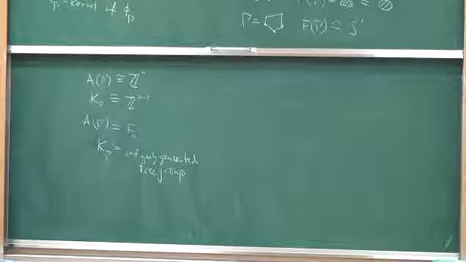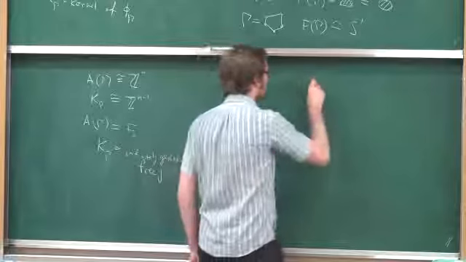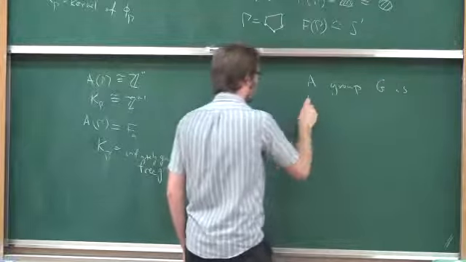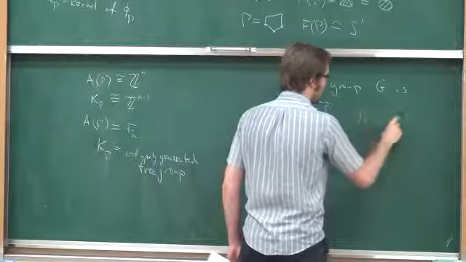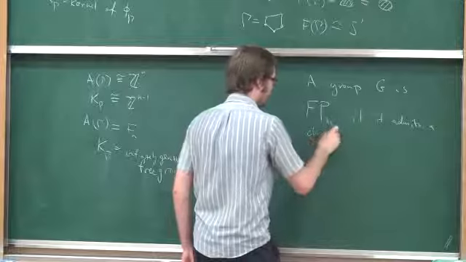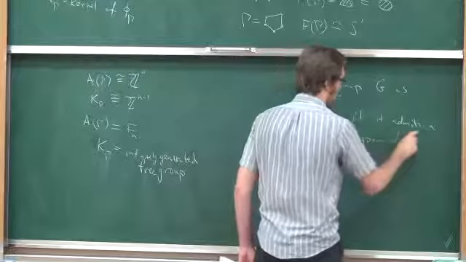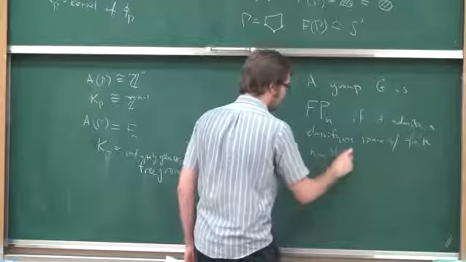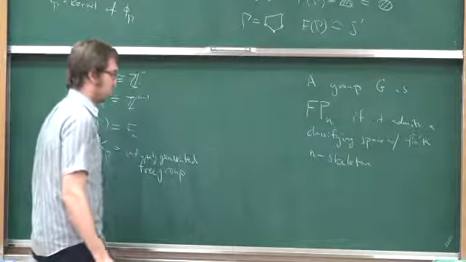So let's say that a group G is FPn if it admits a classifying space with a finite n skeleton. So what is a classifying space?